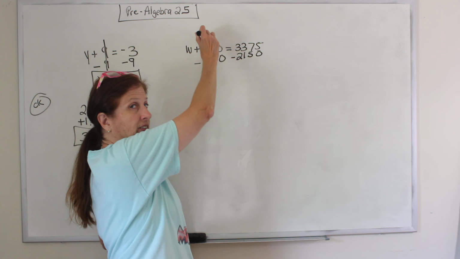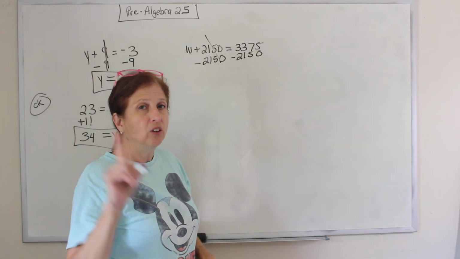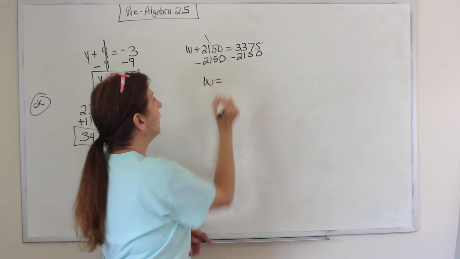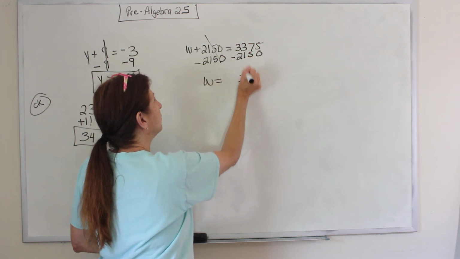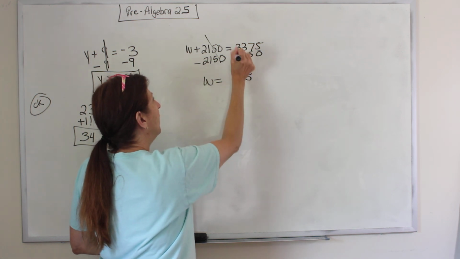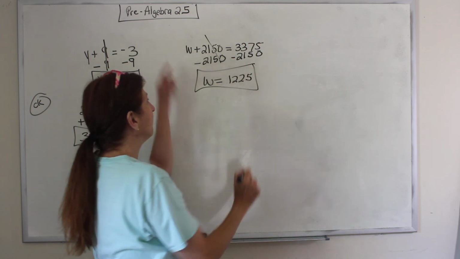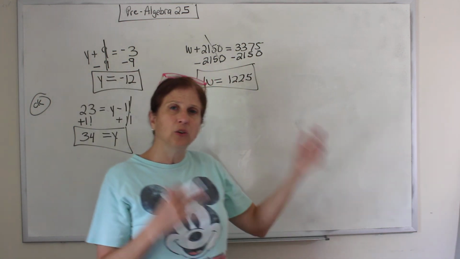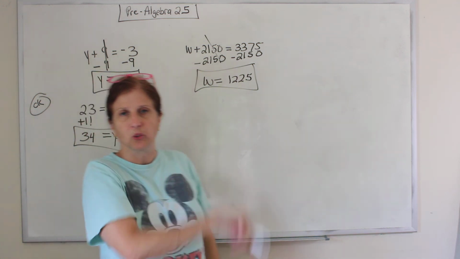What happens to these? You mark them out. What happens to the W and the equals? You bring them down. Now, 5 minus 0 is 5, 7 minus 5 is 2, 3 minus 1 is 2, and 3 minus 2 is 1. So even if the numbers are big, you can do it. You can use your calculator too. You don't have to do it old school the way I did.